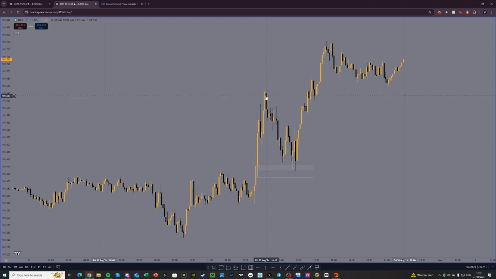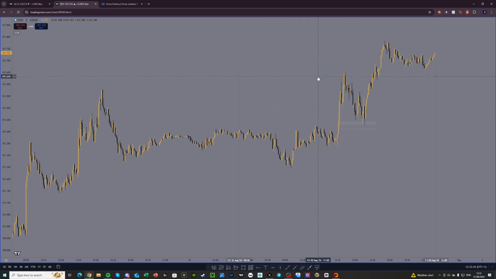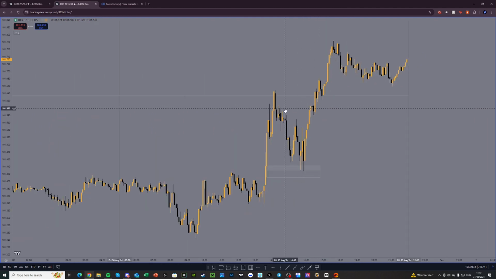Now as I've explained multiple times on my reviews, this is what I like to look for. When we take, for example, buy side liquidity, the most recent swing low before taking that buy side is where the majority of people will have their stop losses.